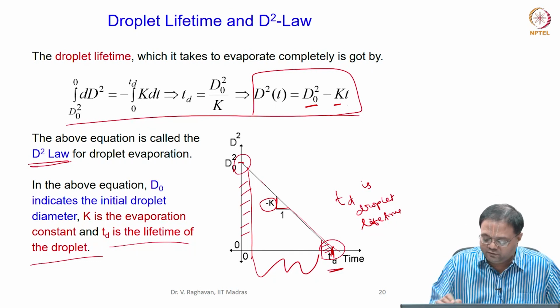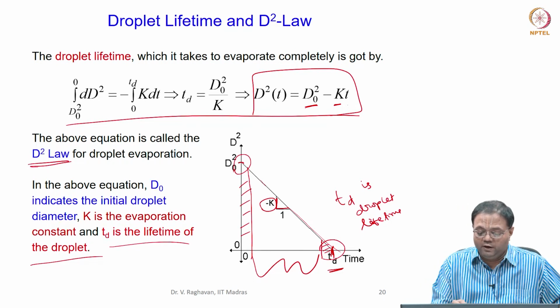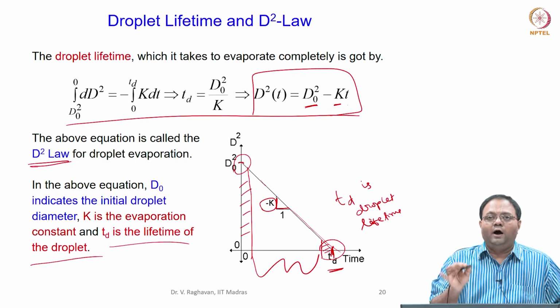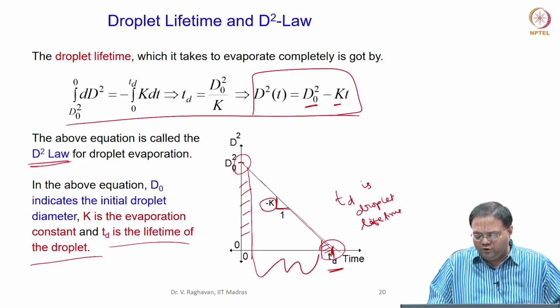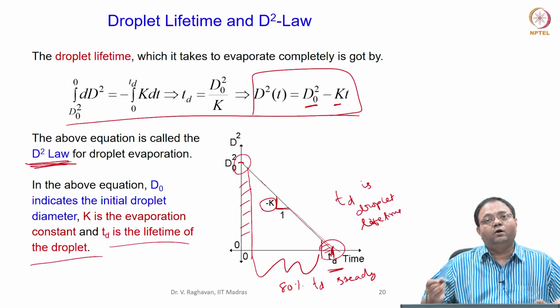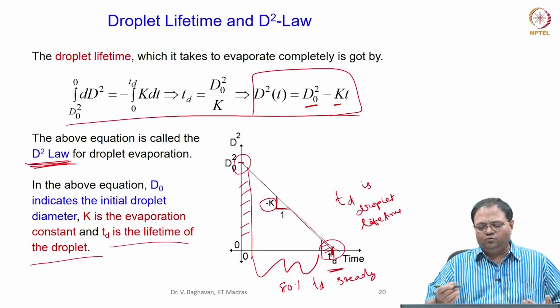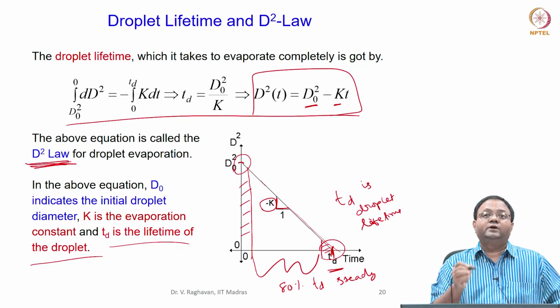Initially and towards the end there will be some changes in the slope. Apart from that, we can say 80% of the Td will be steady. So d square law is valid for around 80% of the droplet lifetime, so we can use that for calculating the evaporation rate of a droplet.